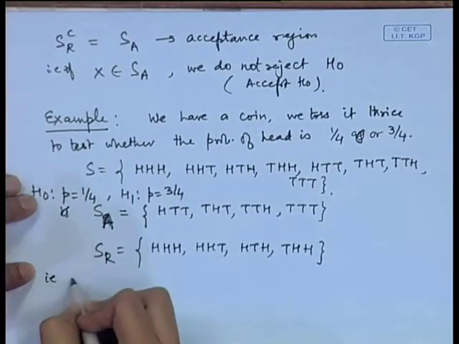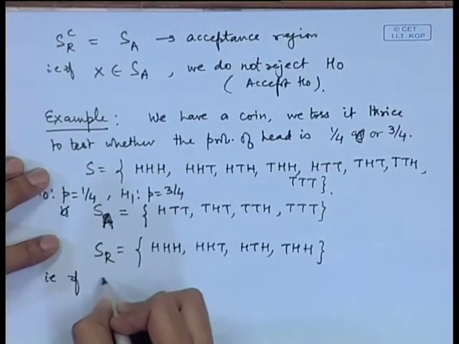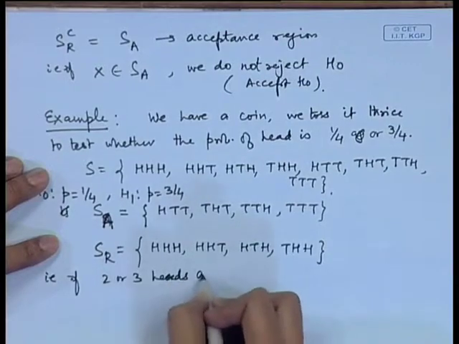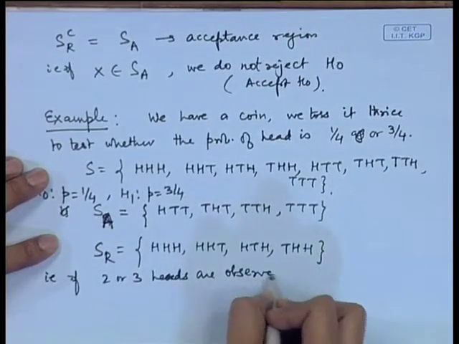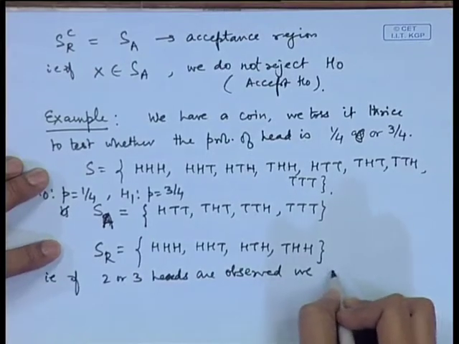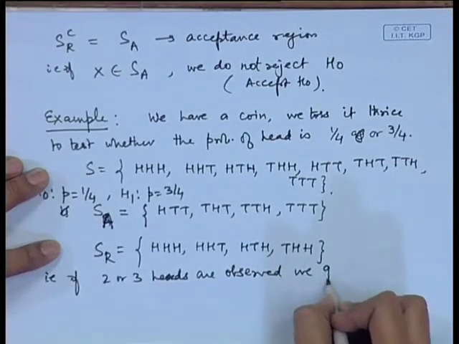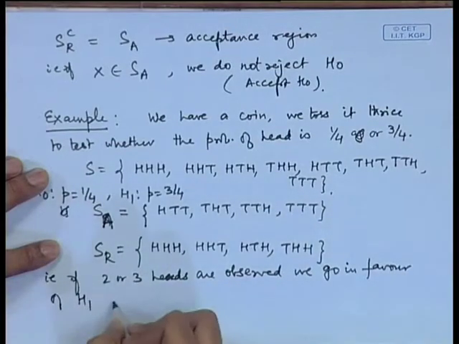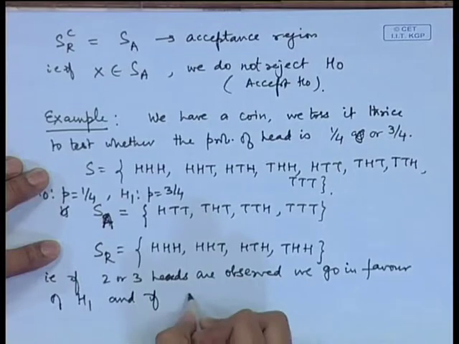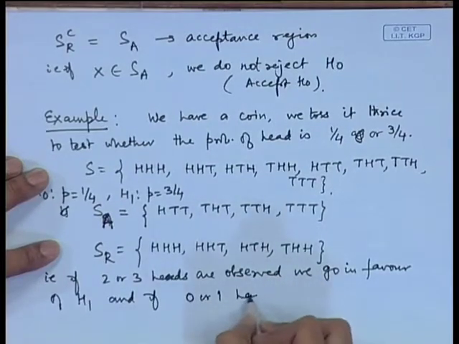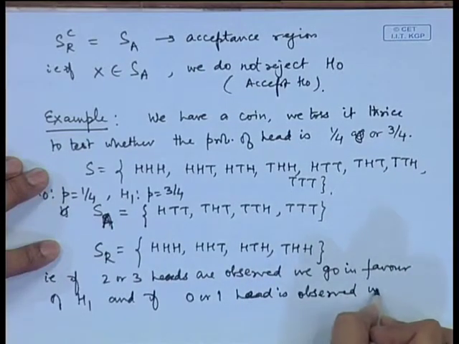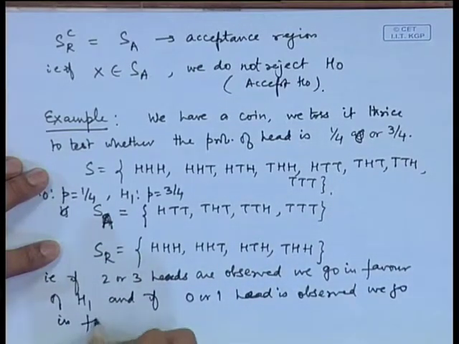That is, if 2 or 3 heads are observed, we go in favor of H 1, and if 0 or 1 head is observed, we go in favor of H naught.